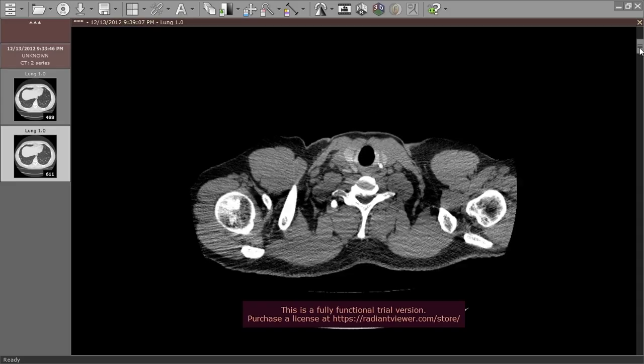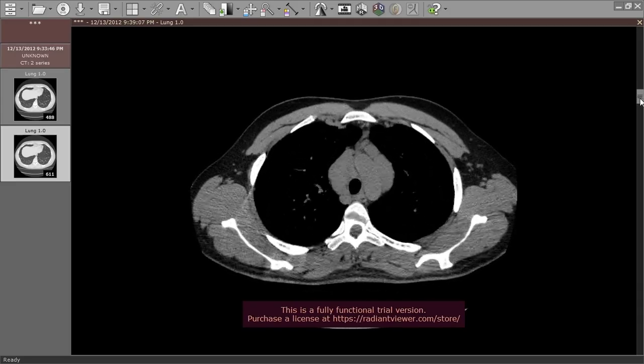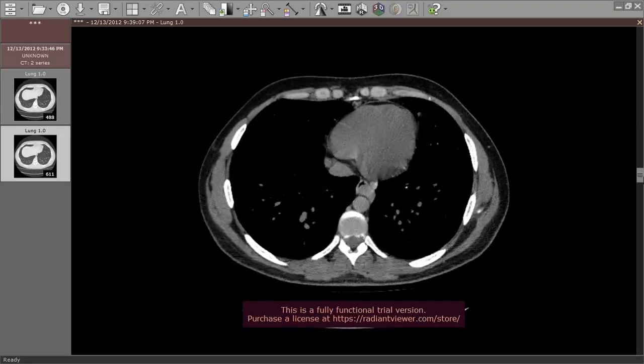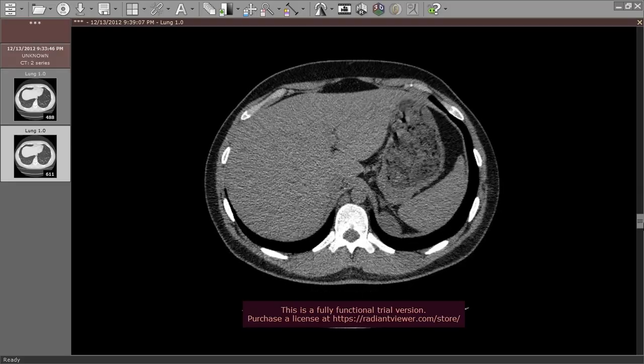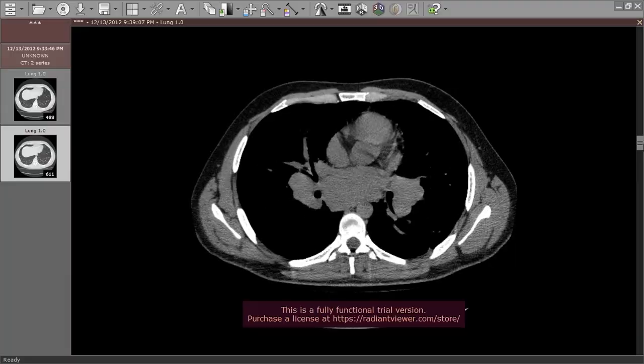Case number 2. Despite being a non-contrast case, it is easily diagnosed. Strikingly, we have a generalized lymphadenopathy here.